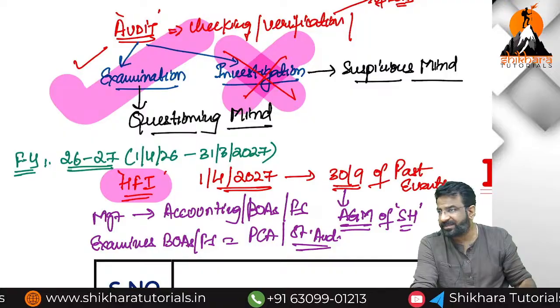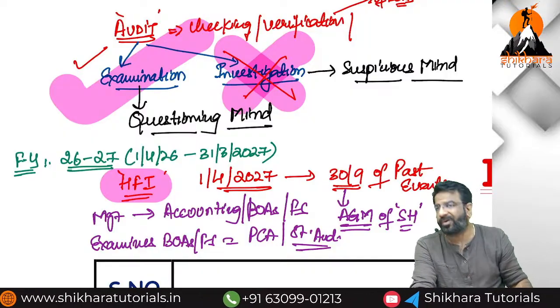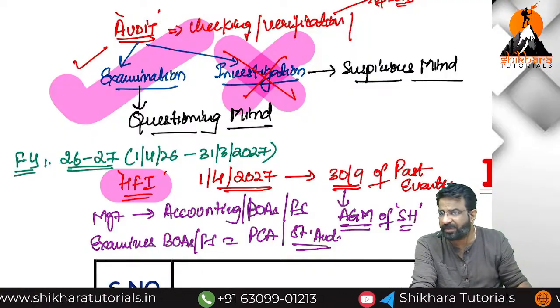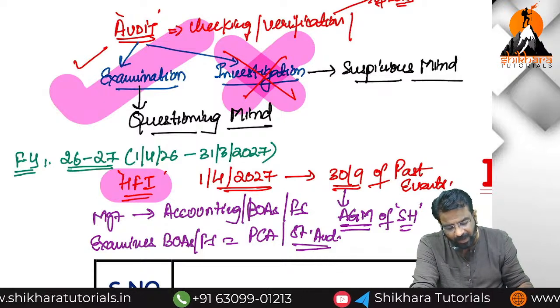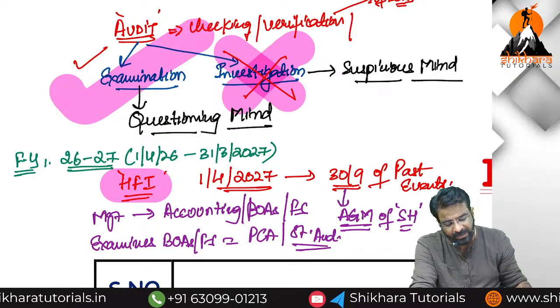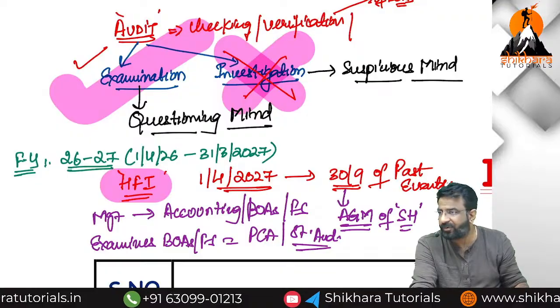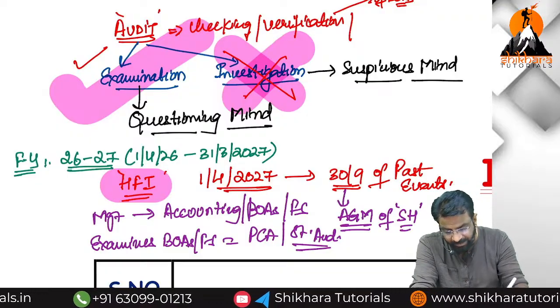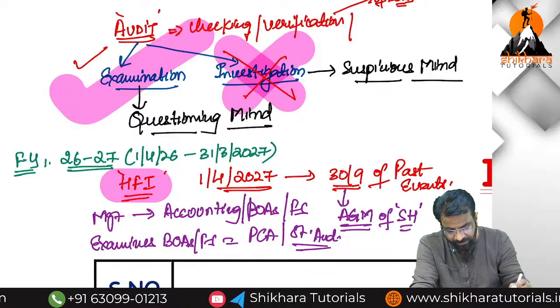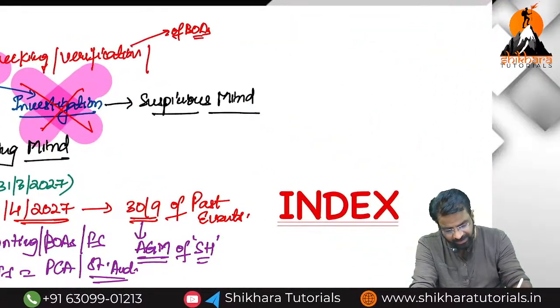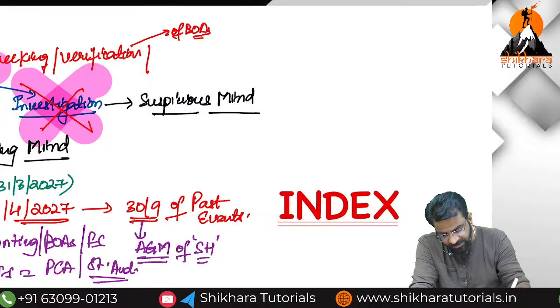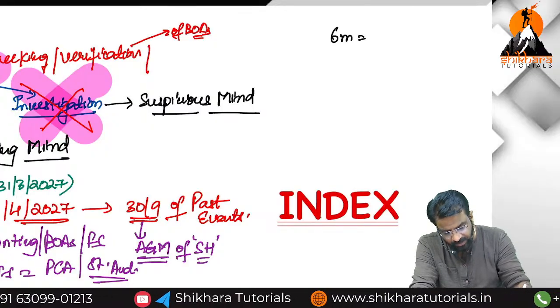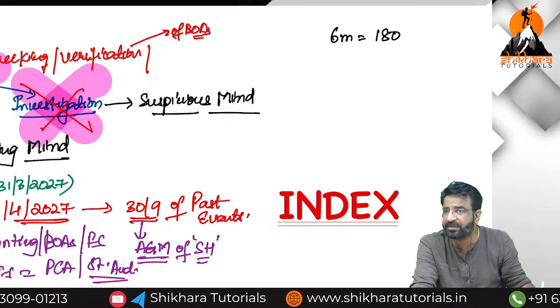Now let's understand, sir, how do we do the audit? I'm just giving the brief of everything. Please tell me one thing. How many months do we have to do the audit? 6 months. So let's do some mathematical calculation. 6 months is equal to almost how many days? 180 days.